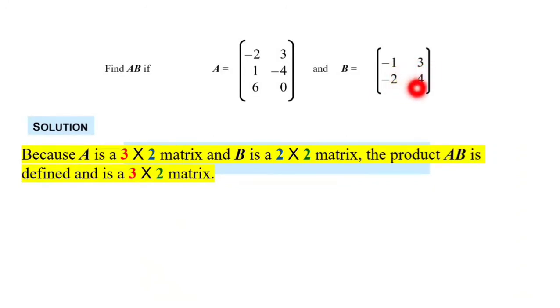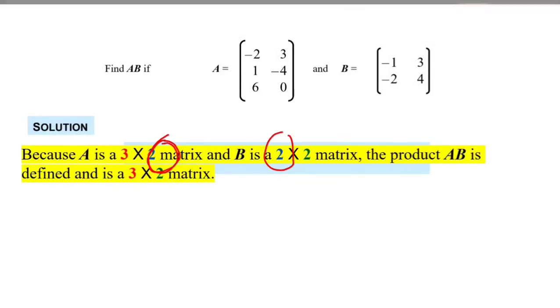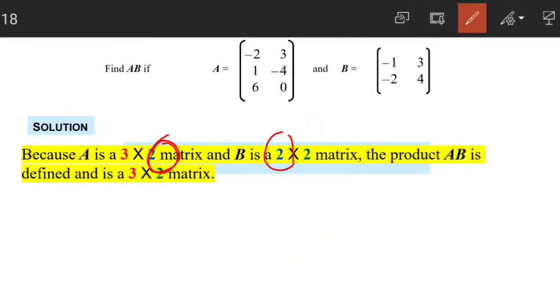Then the product AB is defined because here this 2 and this 2 are the same. The number of columns of the first matrix A is equal to the number of rows of the second matrix B. Then the order of AB is 3 by 2. Okay, 3 by 2. Right?